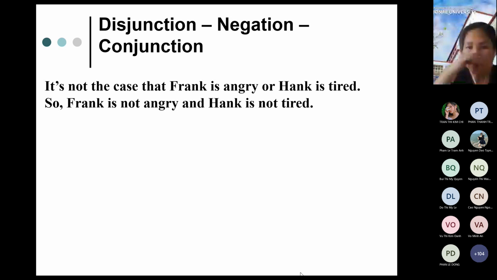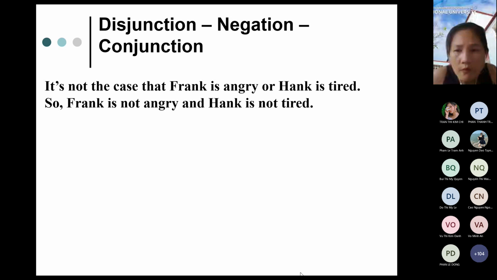Next time when you symbolize your argument like that, you should break into different lines. Okay, the therefore sign is on the second line. All right, but I told you guys to be careful already because we have "it is not the case that." So it is the big negation of something. So the big negation of Frank is angry or Hank is tired. Okay, Ngọc Thảo, so your symbolic form for the first statement is wrong.